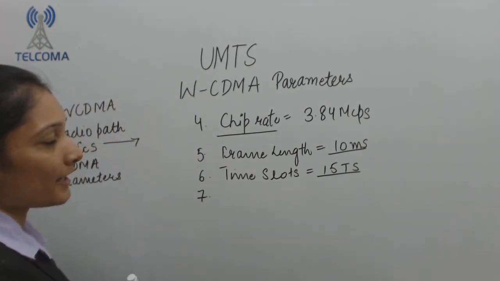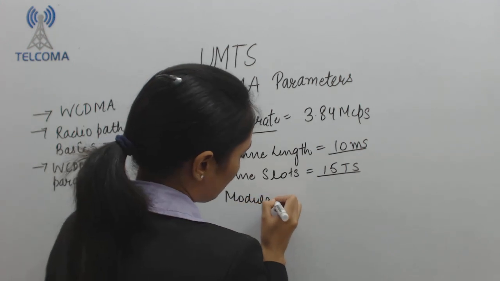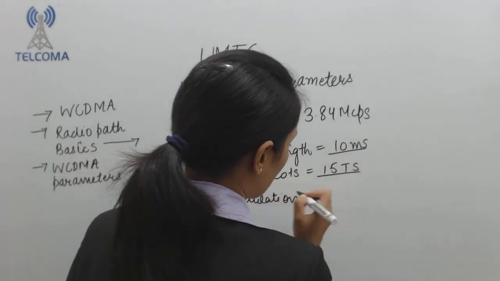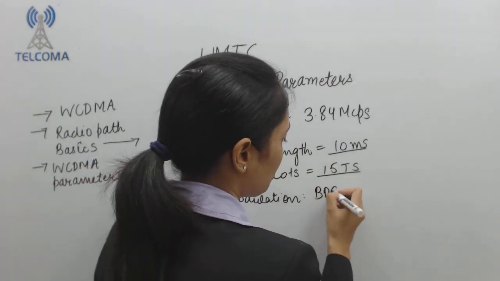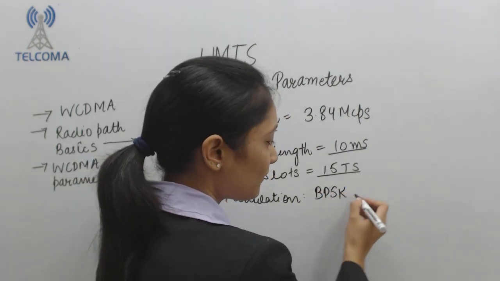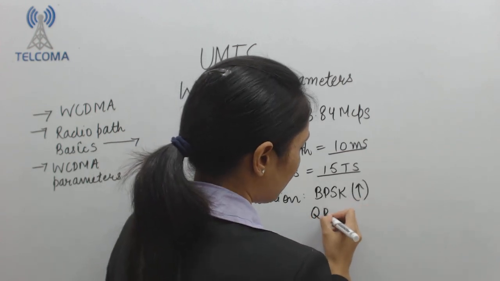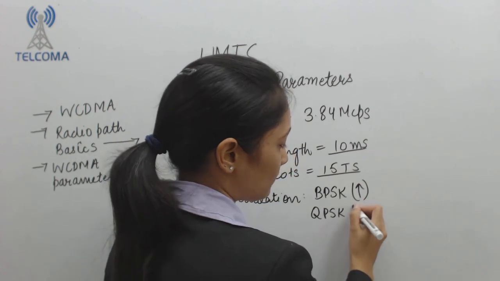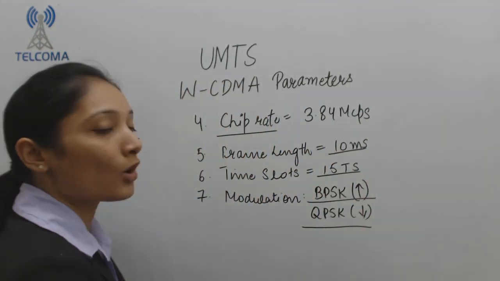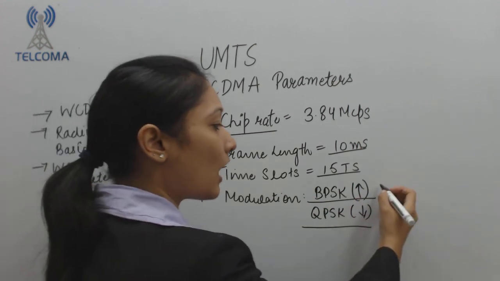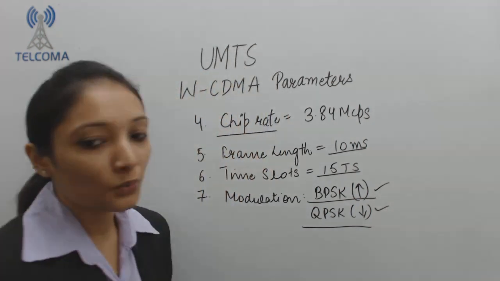Next important parameter of WCDMA is the modulation techniques. Now, WCDMA systems use BPSK, binary phase shift keying, for uplink, and QPSK, quadrature phase shift keying, for the downlink operation. It is utilizing two different modulation techniques. A different one for uplink, which is BPSK, and a different one for downlink, which is QPSK.